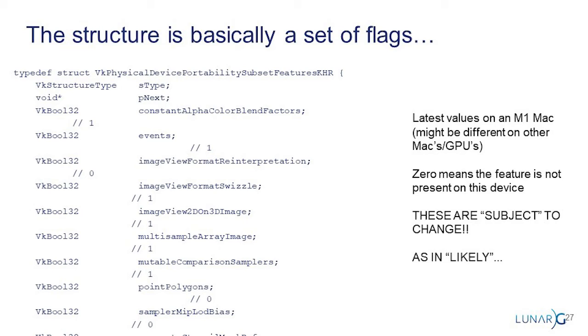These ons and offs may be different. The next version of MoltenVK, the next version of Mac on M2 or M3 could also change what these flags look like. So it's important to know that these can change. 0 means the feature's not there, and 1 means they are there, and they're subject to change, which means they will. You can expect that.